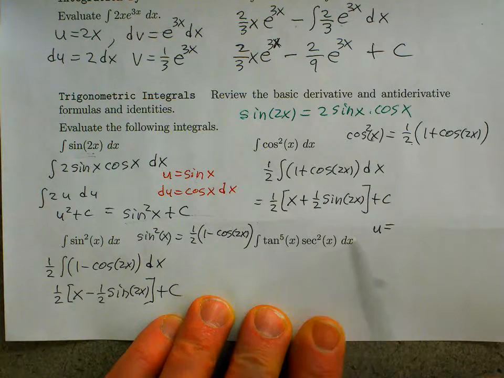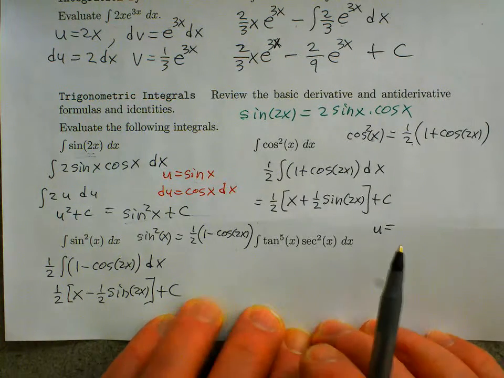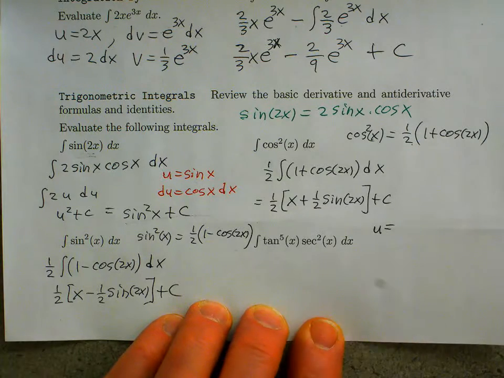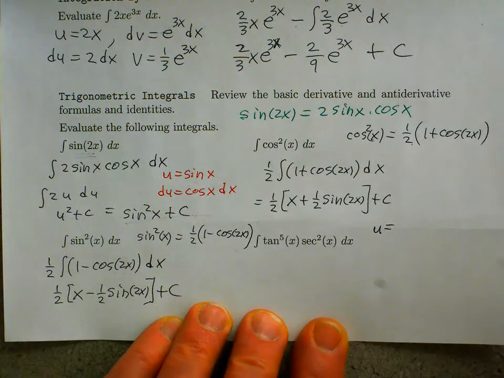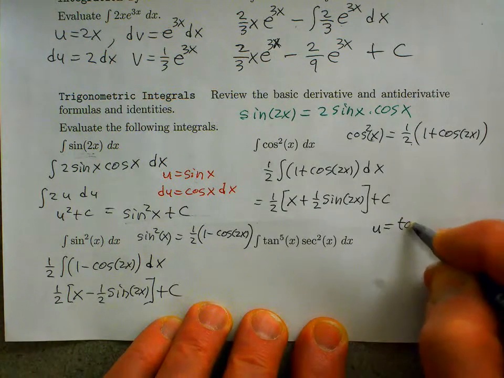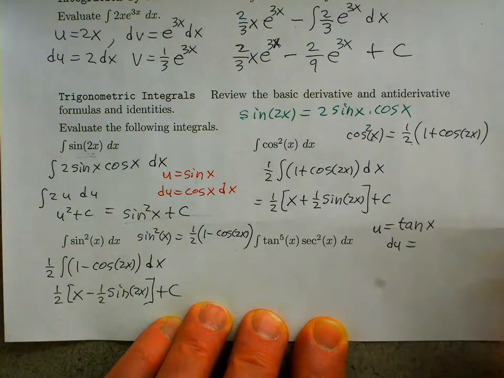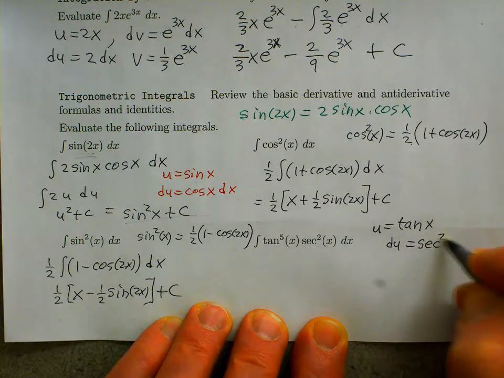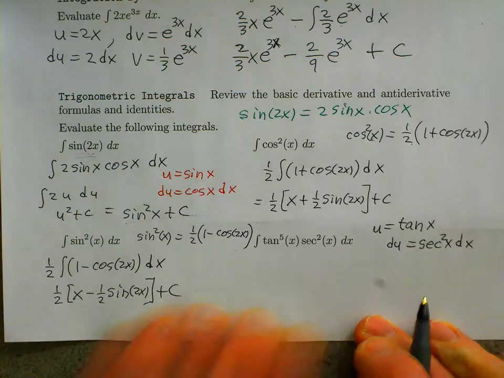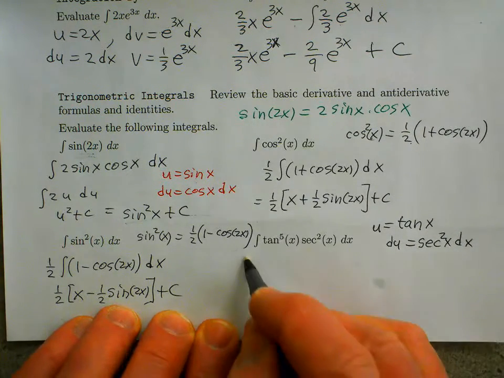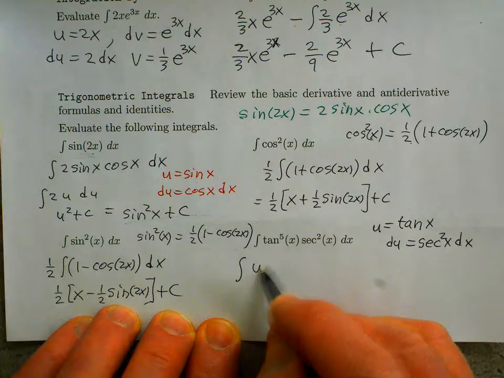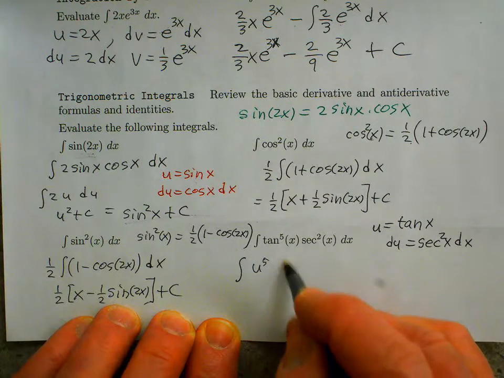a lot of these trigonometric integrals, there's more than one way to do it. But the thing that I notice is if I pick u to be tangent of x, then du is secant of x squared dx. So when I make substitutions, I get u to the fifth times du.